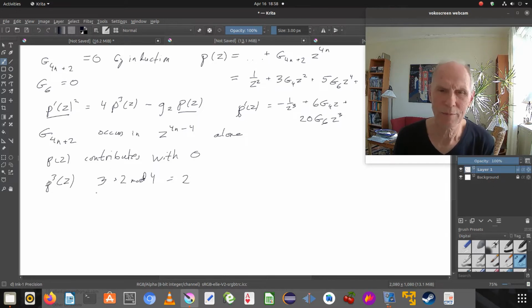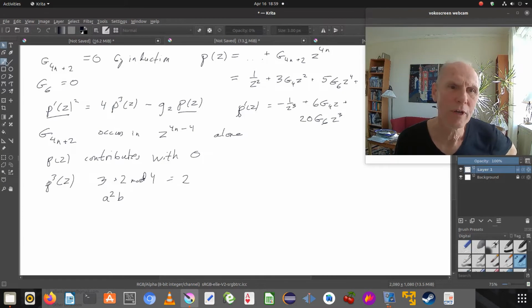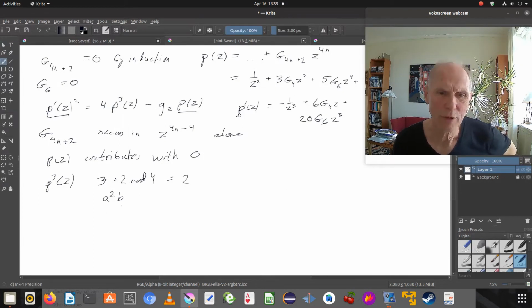So that doesn't contribute. Then we have the terms 1 product squared times another one. The guy we square gives an order 4, so the other one has to be 2 modulo 4, so that vanishes as well. And the third possibility, that we have a product of 3.